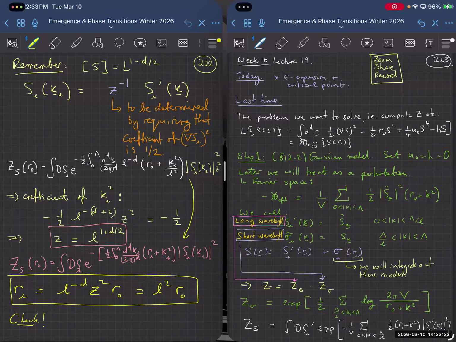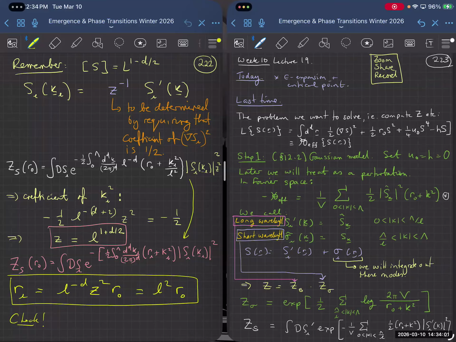Later we will treat the quartic term, the interactions, as a perturbation. Now we're just going to grind through the machinery of how to distinguish the long and short wavelength modes and how to deal with them. On the right-hand side, we have the effective Hamiltonian in k-space with the quartic term removed. We have two components.